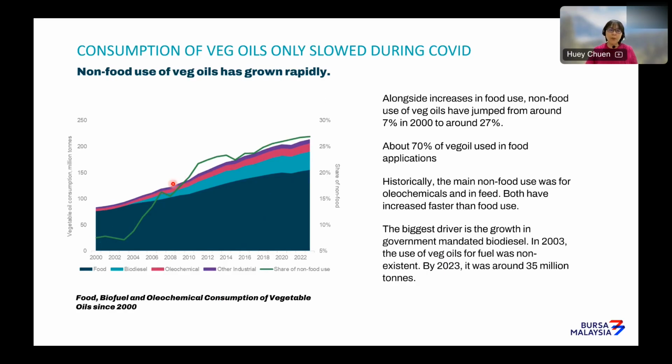This exponential growth is all driven by biodiesel. If you look at the light green here, it's an exponential growth. We are also seeing more and more palm oil going into oleochemical and other applications. Food remains the largest, at about 70%. In the past, the non-food use was mainly for oleochemical, but now increasingly it's more for biodiesel.